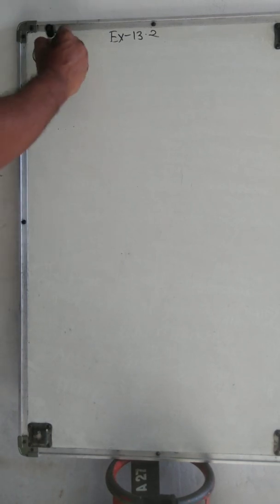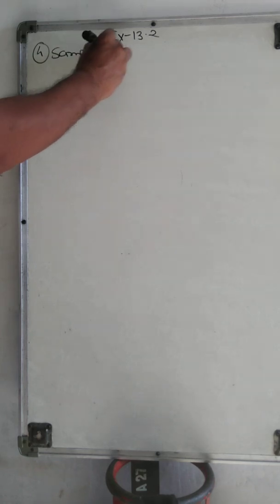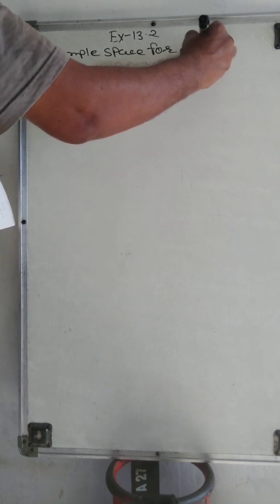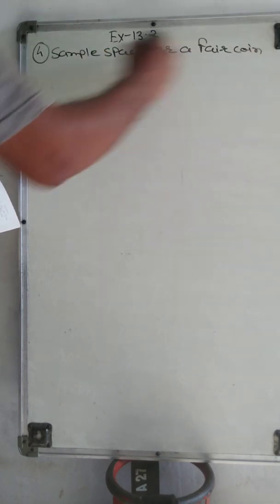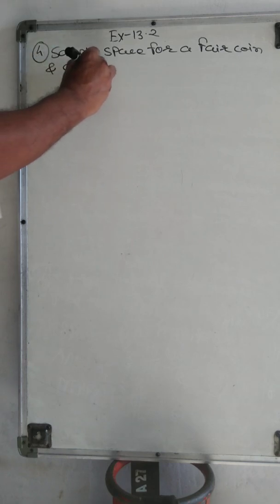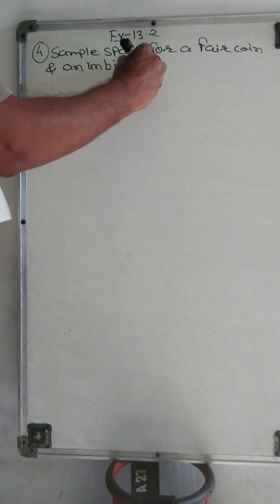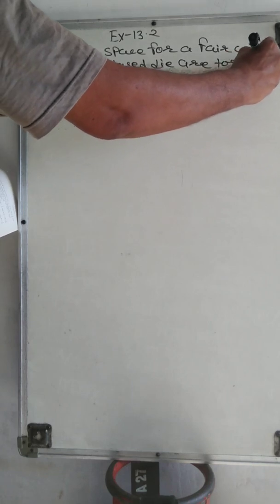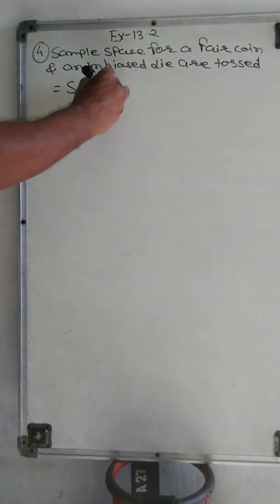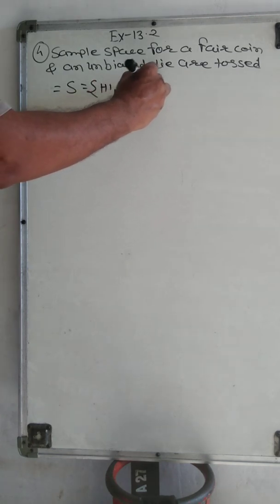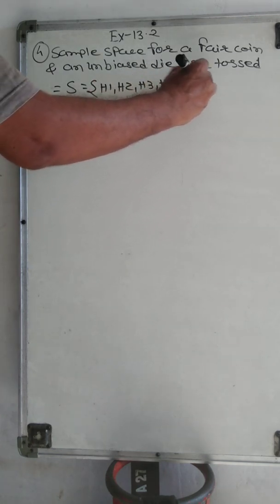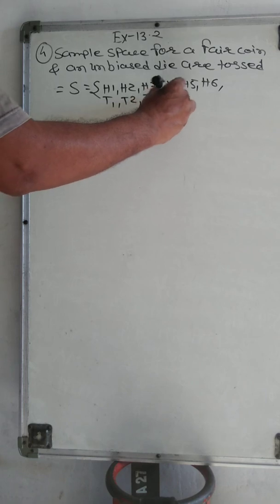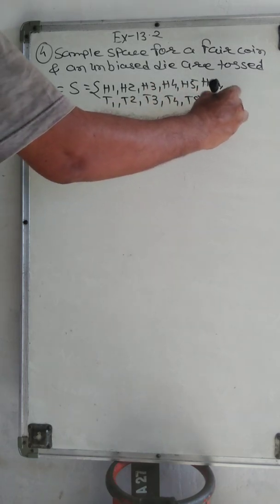A sample space for a fair coin and an unbiased die being tossed is S, which is H1, H2, H3, H4, H5, H6, T1, T2, T3, T4, T5 and T6.